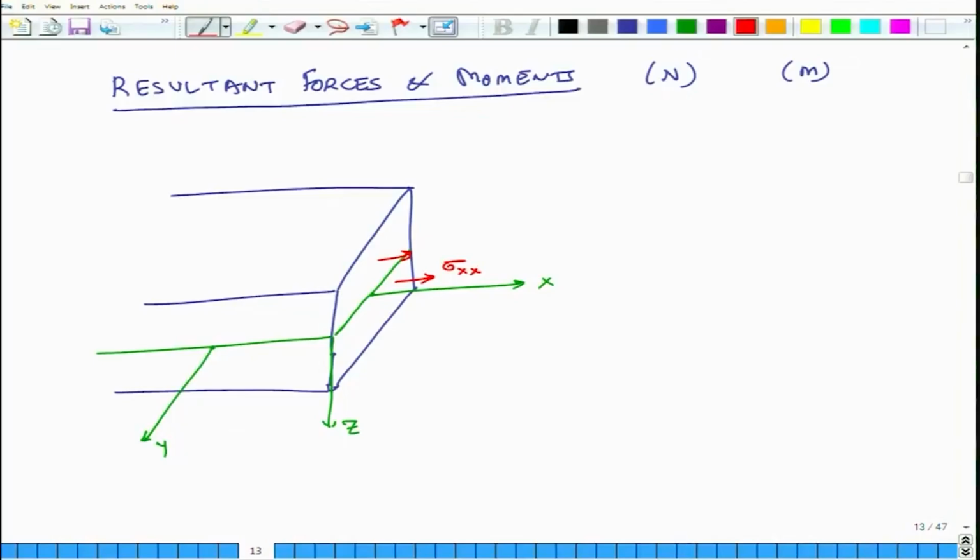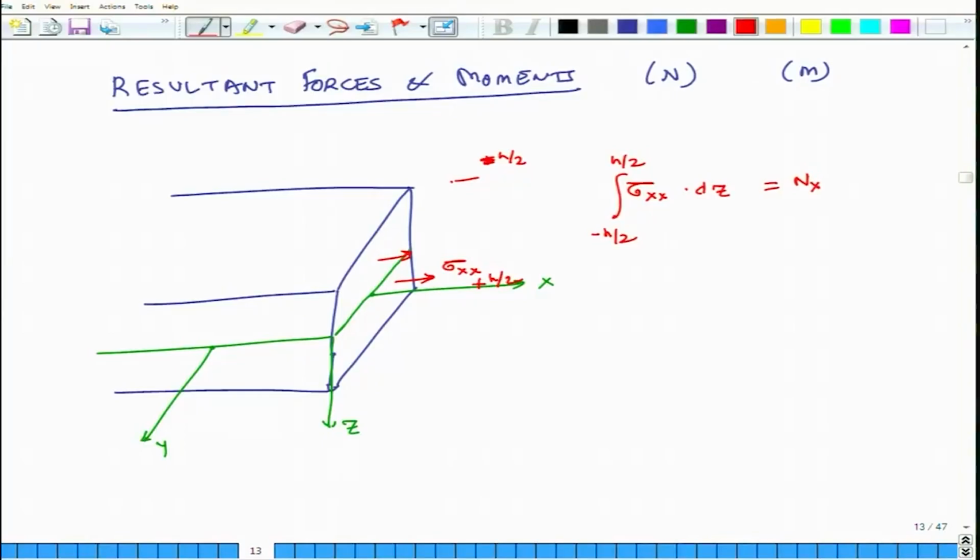If I integrate this sigma xx in the z direction, and I integrate it, let us say the total thickness of this composite laminate is h meters, from minus h over 2 to h over 2, where h is the thickness, then this is called Nx.